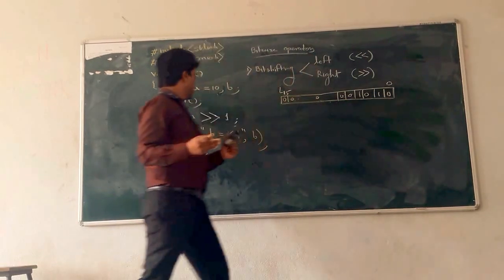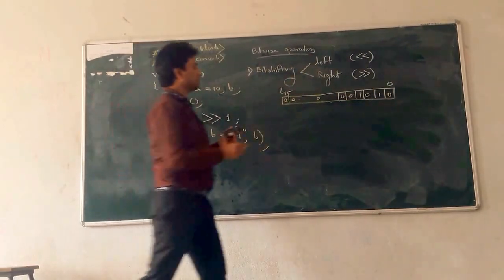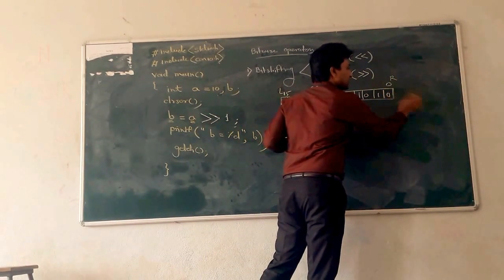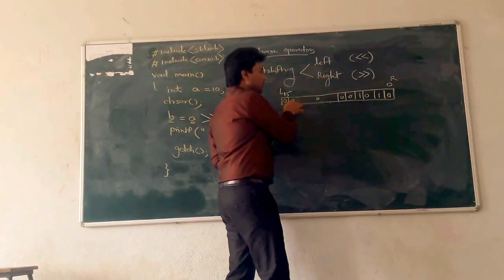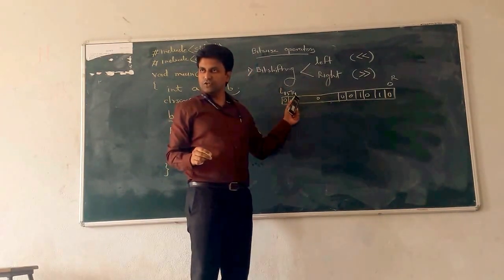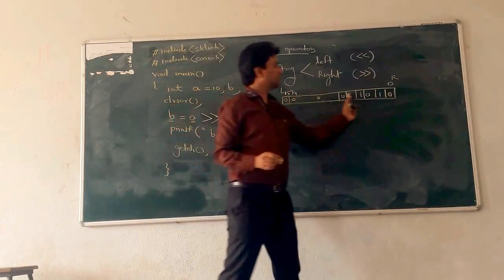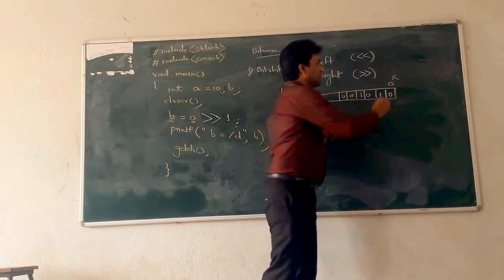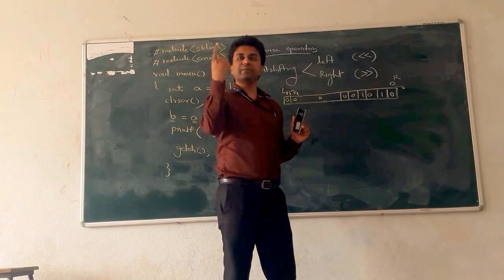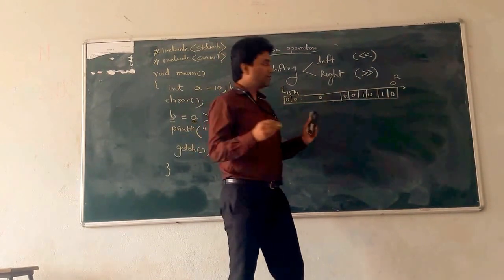Now, the right shifting operator. Right shift means what? Shift the bits to the right and insert 0 at the 14th location. After shifting by one bit to the right, what is the result?